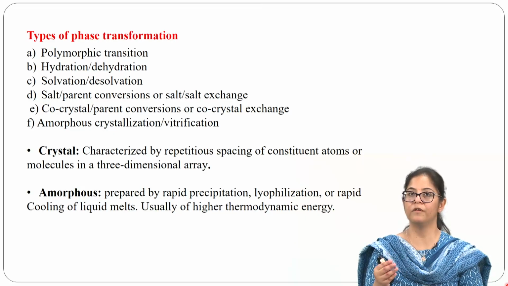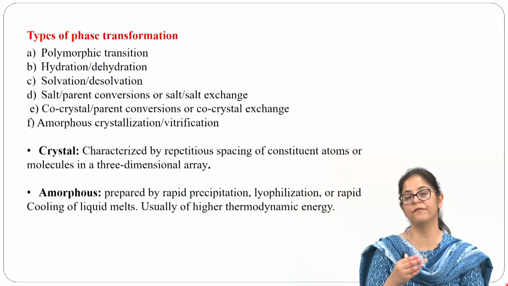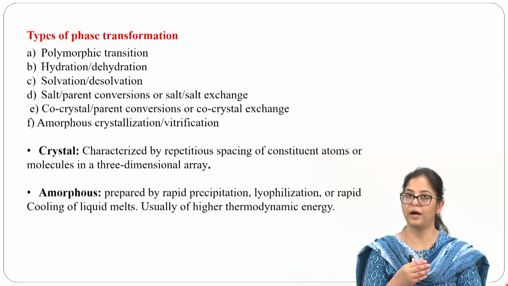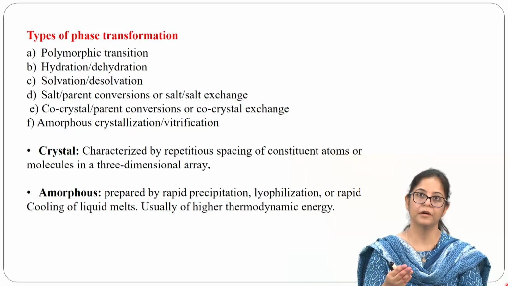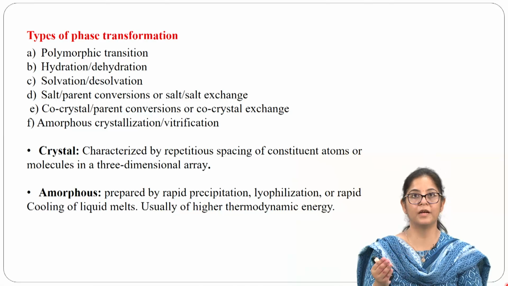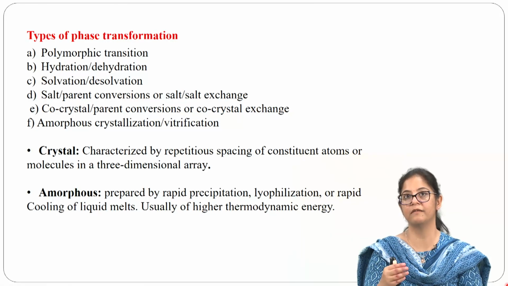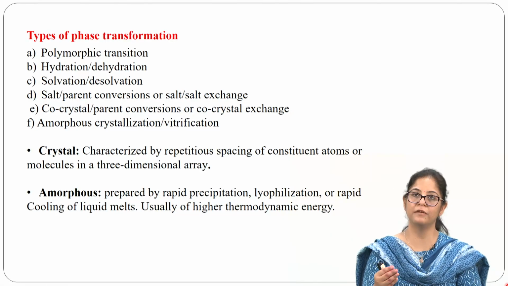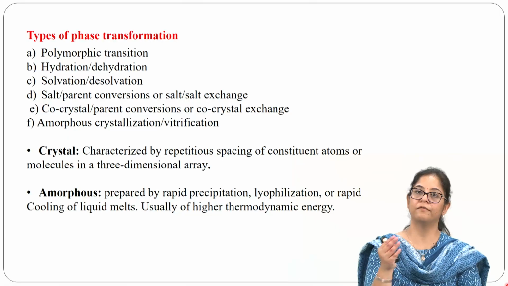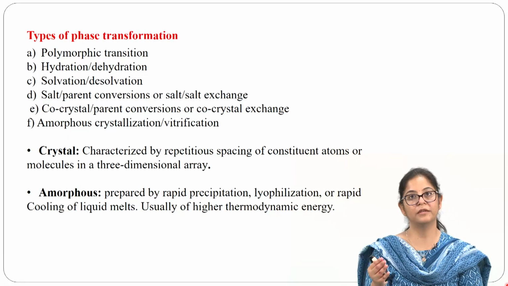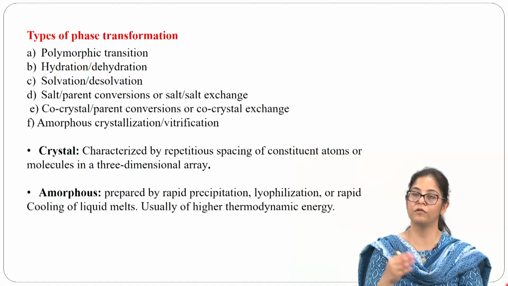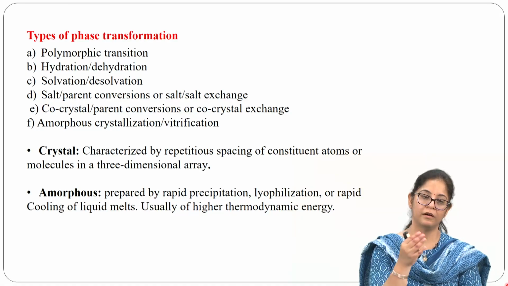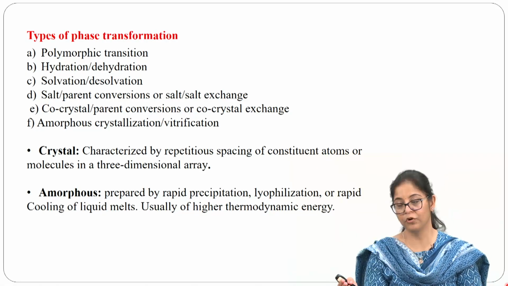Now, there is a possibility of transition of the phases of the habit of the drug. That is, there could be polymorphic transition, hydration, it can go from hydrated to dehydrated state and vice versa, solvated to desolvated state, then salt to the parent compound conversion or salt-salt conversion, that is, chloride salt to bromide salt.